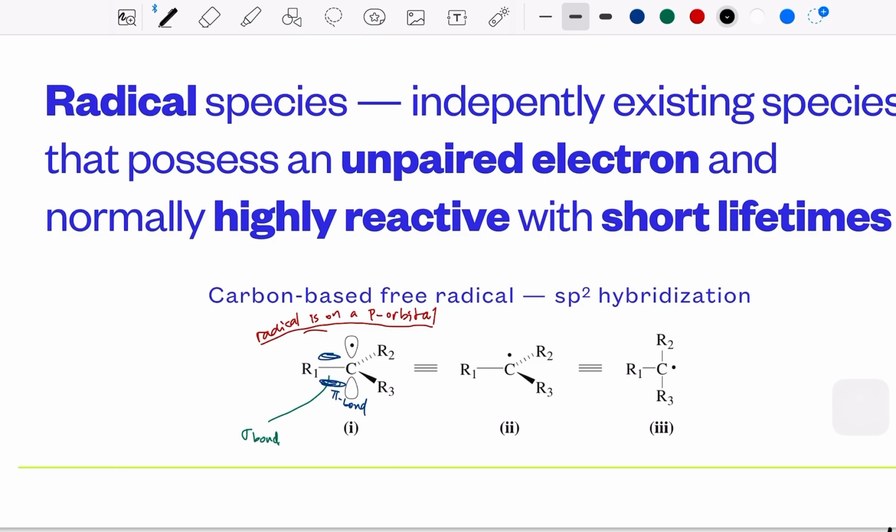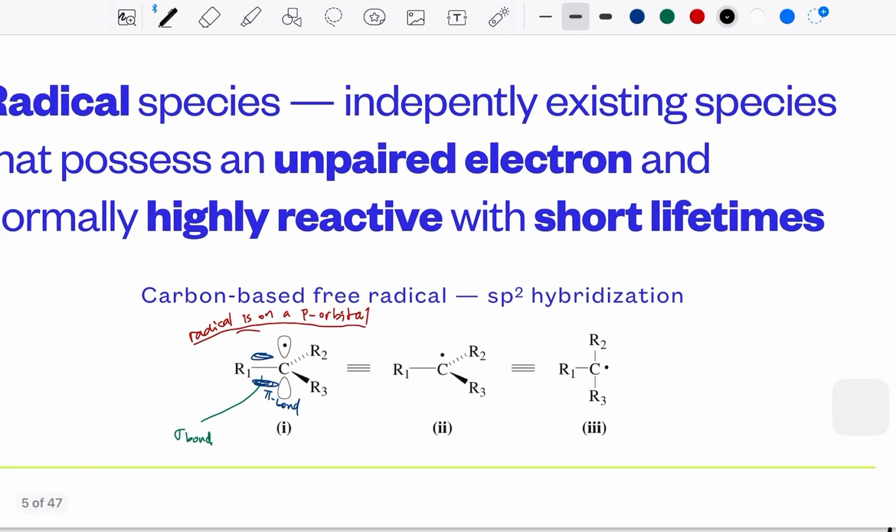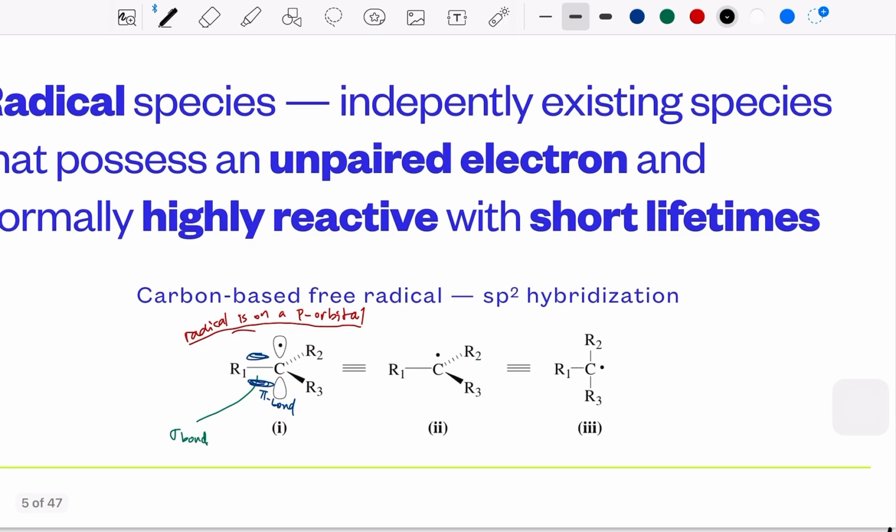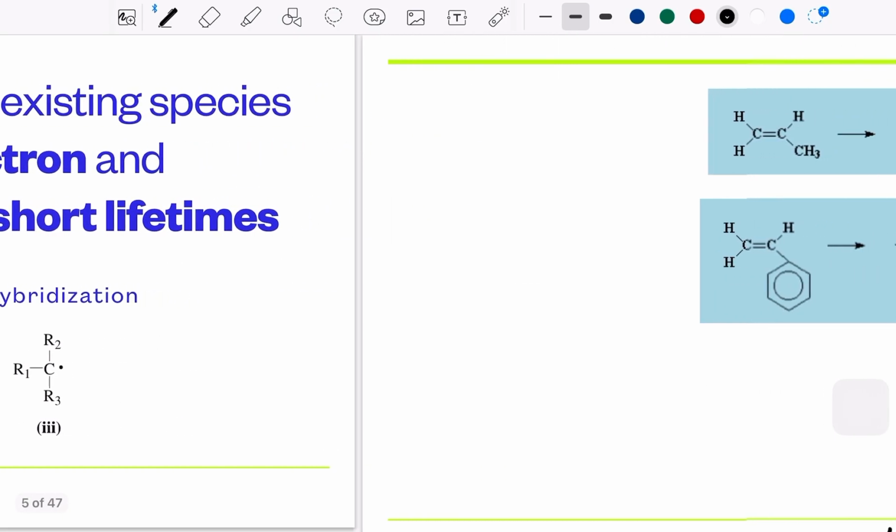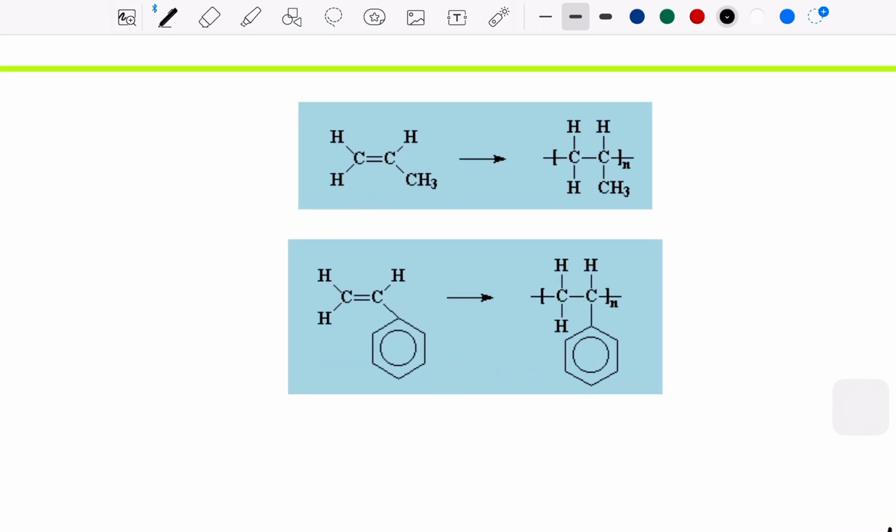So let me give you more context on what's going on here, to give you some sense why this is such a highly reactive process. Let's just take a look at what is going on. Okay. So this is a typical monomer and typical polymer. So the vinyl monomer becomes the chain growth products.